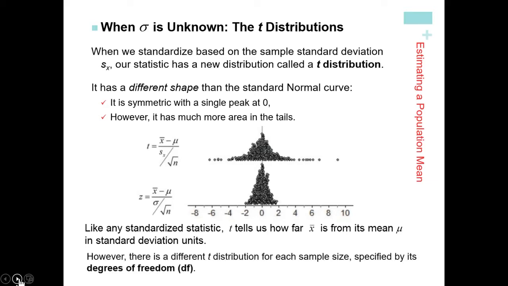And there's one other thing that we need to know about t, which is that since the standard deviation of the sample depends on the sample size, each sample size has a different t-score. And we call it degrees of freedom. It's degrees of freedom because it's basically how many people in the sample you can choose freely.